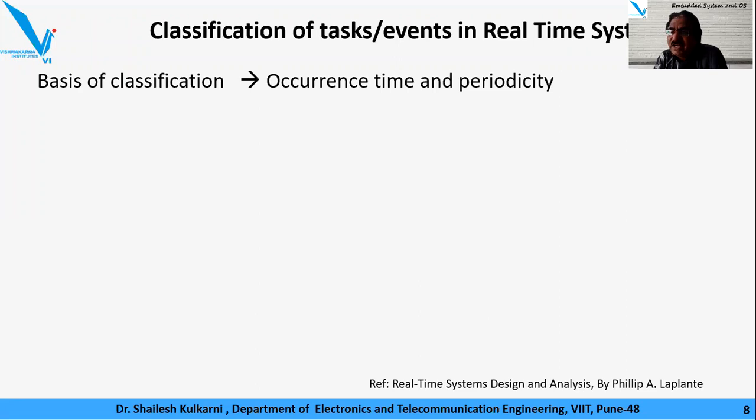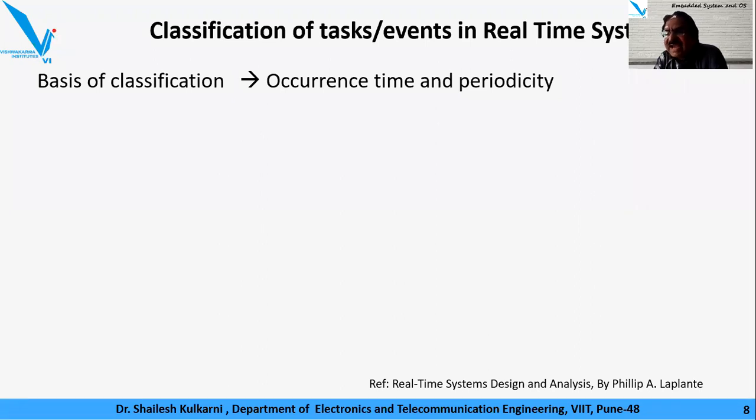External events we understood in the name of interrupts, right? So when we have many tasks, internal or external, depending on the arrival time, the occurrence time of the event, or by what period, by what frequency these events keep occurring, that is the basis of classification of tasks or events, isn't it?